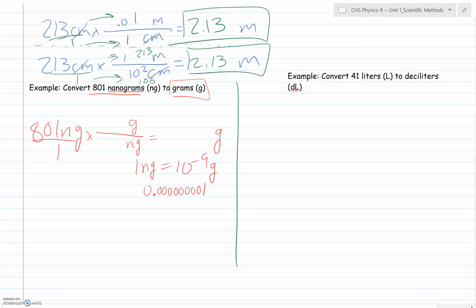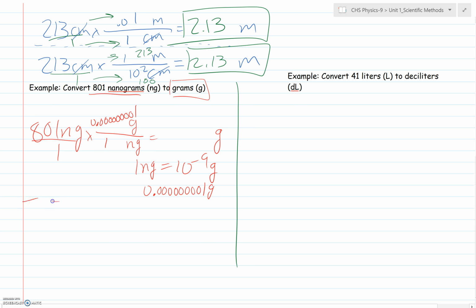Okay, and then that would be for my grams, and I end up with that many grams for every 1 nanogram. Now you can start to see why this isn't necessarily my favorite method, because there's a really long string of zeros and decimals, and it gets a little irritating. But if that way works for you, that's totally fine.